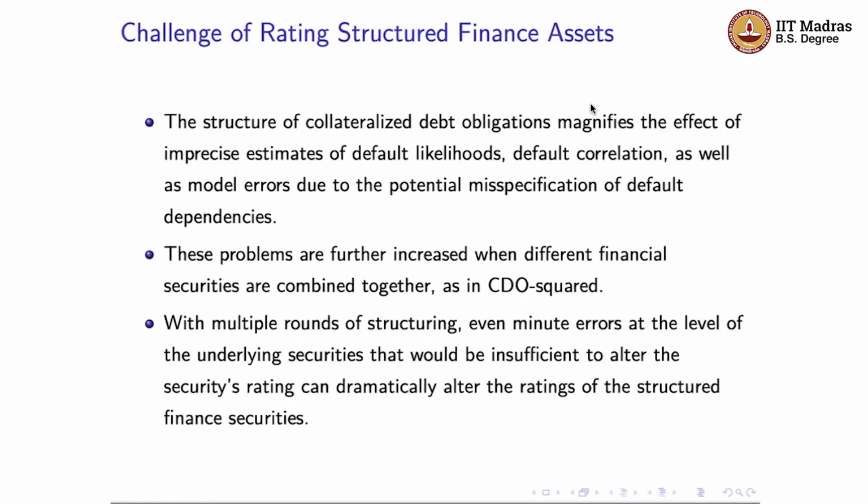Any mistake you make about the probability of default correlation translates into larger mistakes in the grade you assign to these more complicated objects. So with more rounds of structuring, smaller and smaller errors lead to larger and larger mistakes when assigning grades.